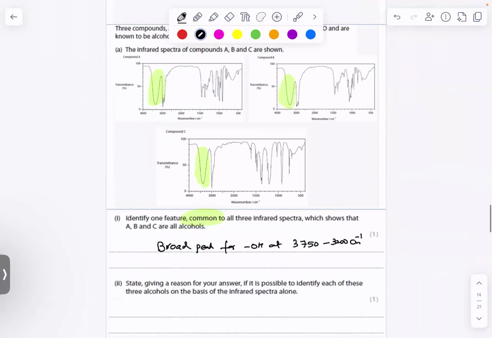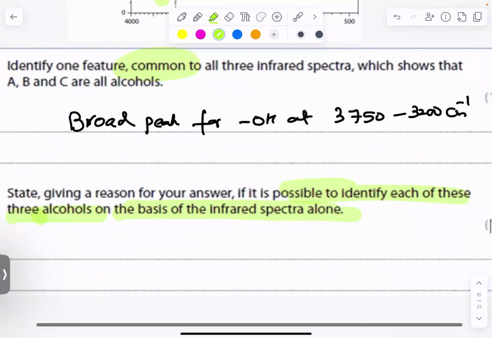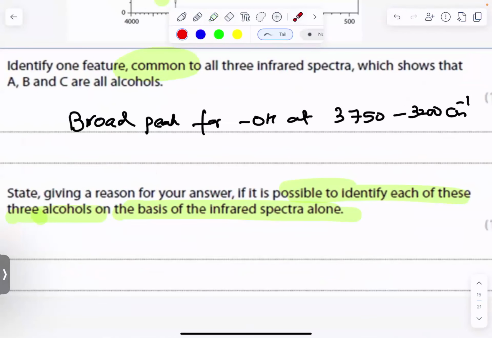Actually, the examiner doesn't want you to concentrate on the spectrum given. He's simply asking a generic question: state, giving a reason for your answer, if it is possible to identify each of these three alcohols on the basis of the infrared spectra alone.